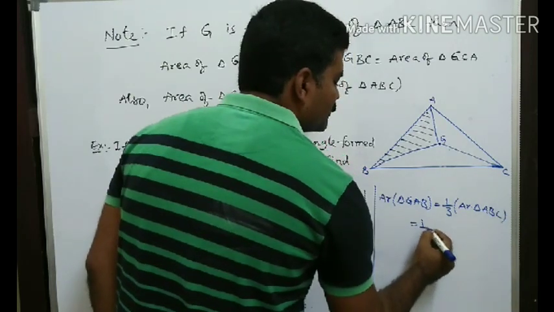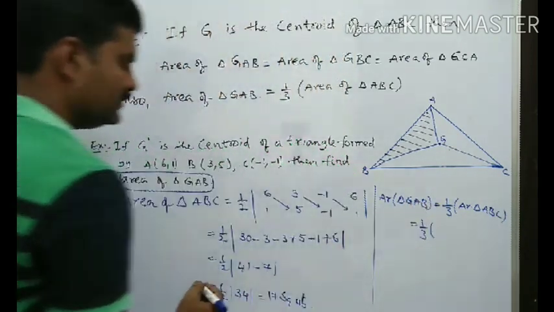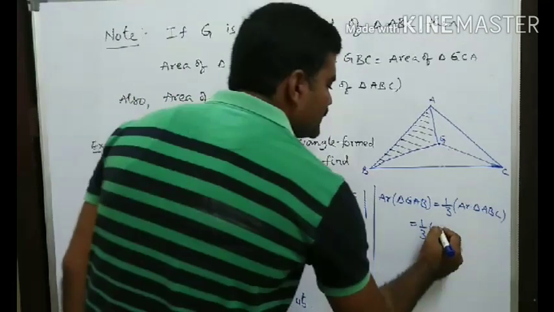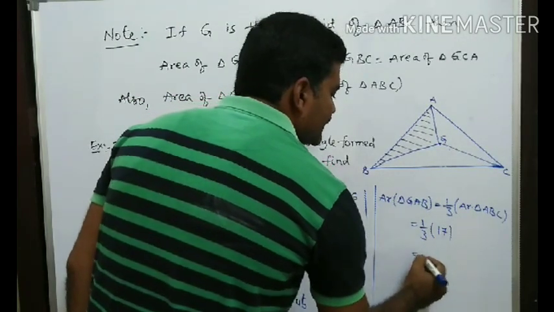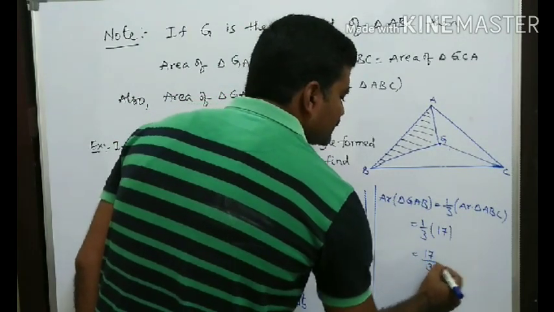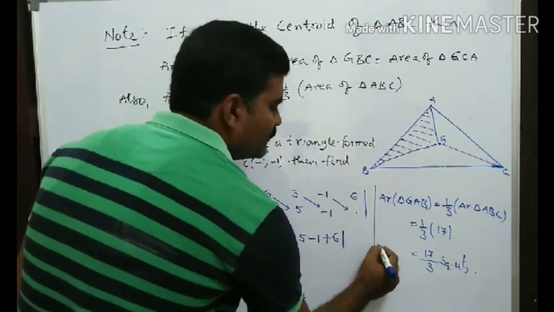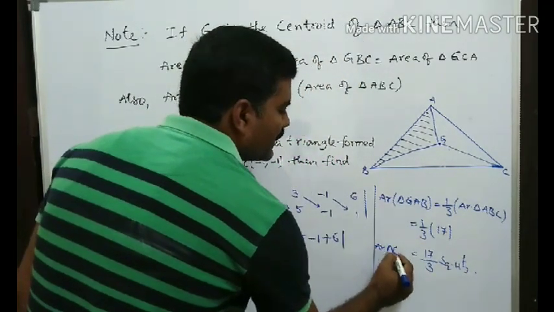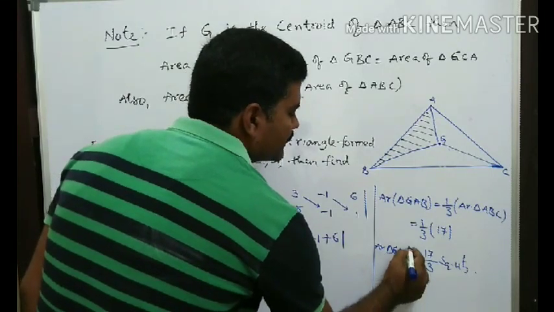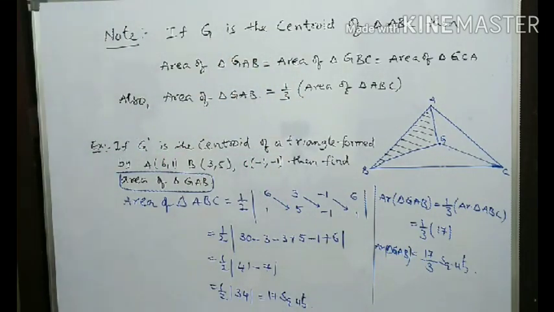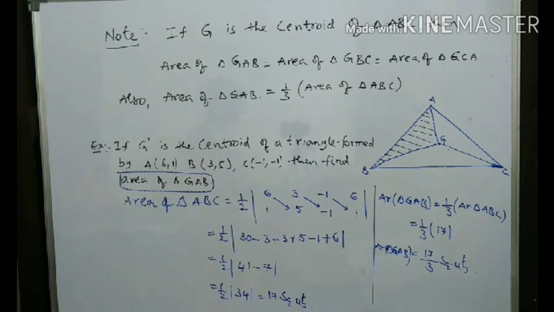So which is equal to 1/3 into what we got, this is 17. Hence the required answer is 17/3 square units, which is area of triangle GAB. So very important point this is.